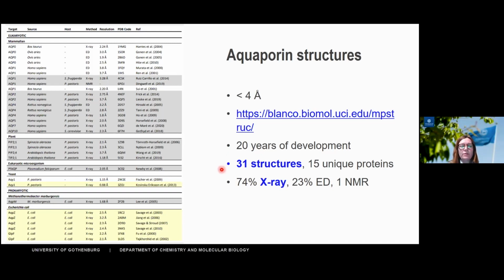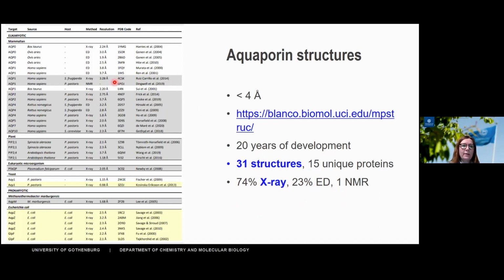We have 31 structures in total, coming from 15 unique proteins. In many cases, there is more than one structure for a certain target, and this commonly goes together with an increased resolution over time. We can also see an absolute dominance of X-ray structures, but quite a good fraction of ED structures, and notably 1 NMR structure.